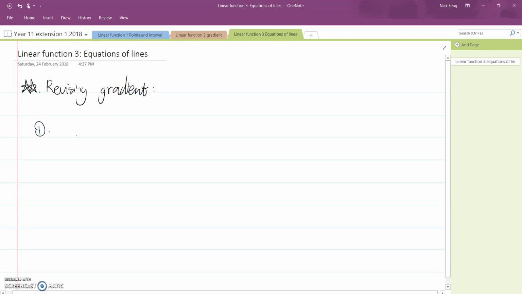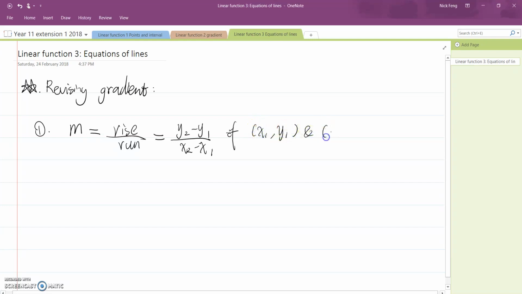So first part, gradient equals rise over run, and that is y2 minus y1 over x2 minus x1 if the points are given as x1, y1 and x2, y2.